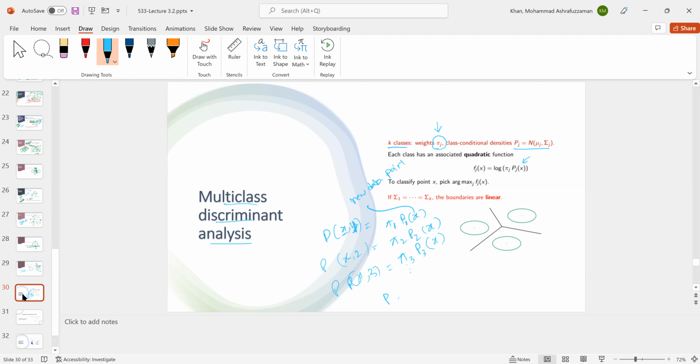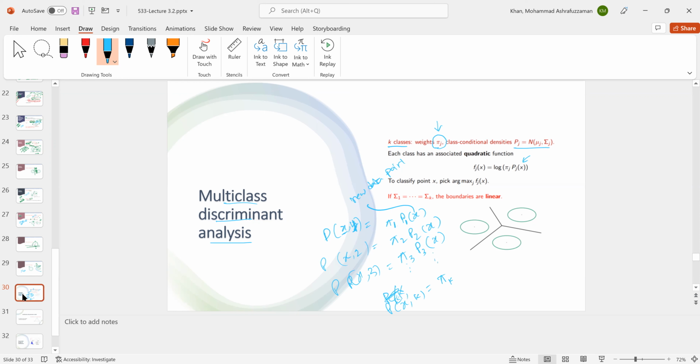If we have k classes, it's the probability of X coming from k, the prior probability of k, and the density value of the kth distribution using X. Now we can get real values from all these probability values, and whichever value is the maximum, maybe this one, we assign that class label, so maybe we'll assign 3. Now we can even simplify this.